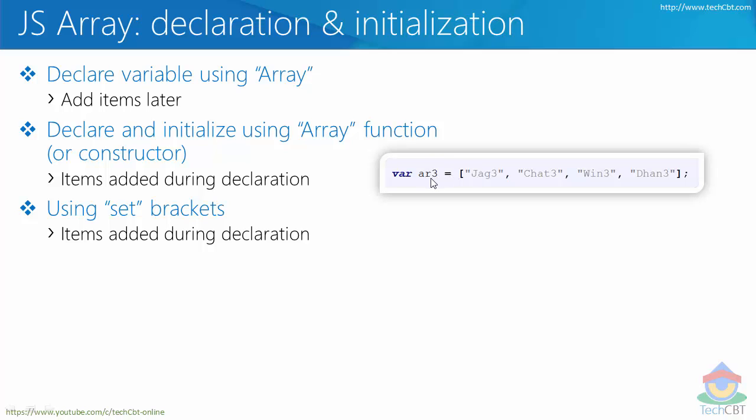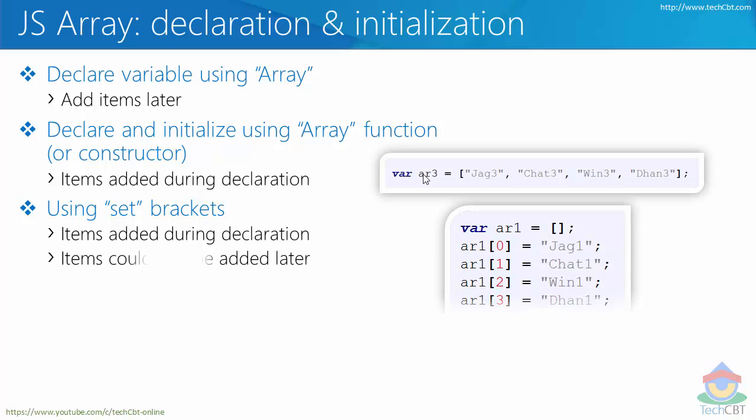You can see this particular array right now has four elements, and all of those elements are encapsulated inside square brackets. Whenever you initialize a variable using square brackets with a certain number of values inside, you can consider that it is being declared and initialized in the form of an array.